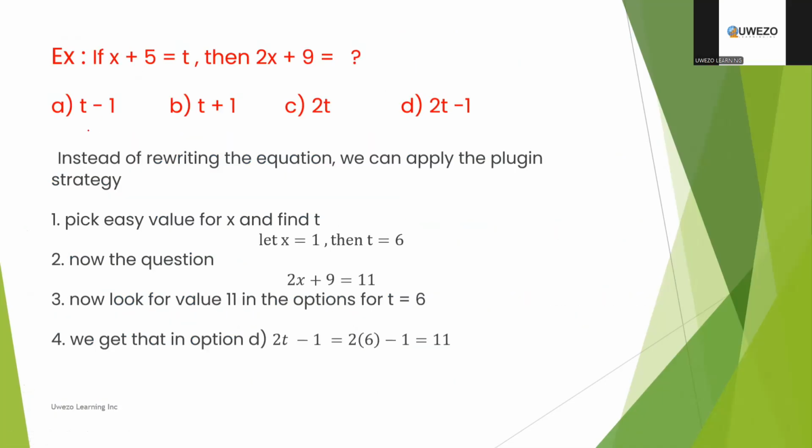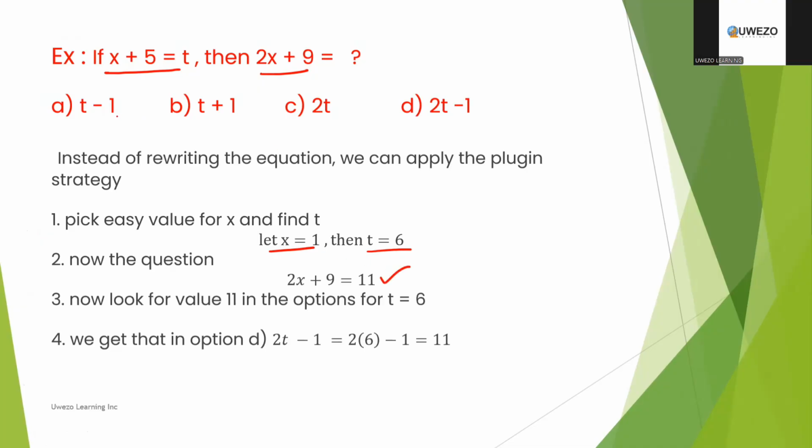For example, if it is given that x plus 5 equals t, and we need to find 2x plus 9, instead of solving or rewriting the equation, we could simply plug in x equal to 1, which gives us the value of t as 6. Now 2x plus 9 for x equal to 1 would be 11.